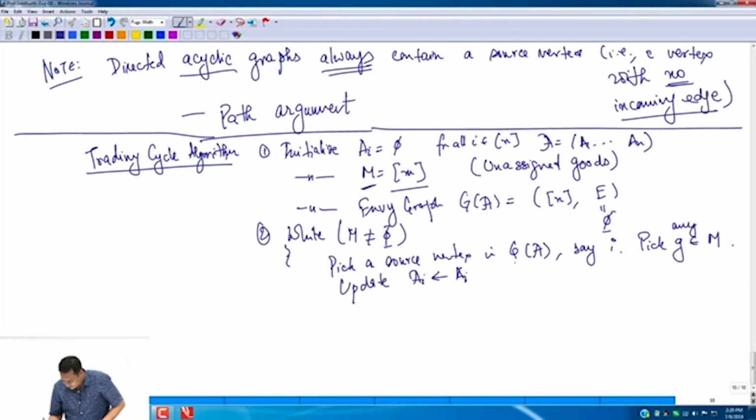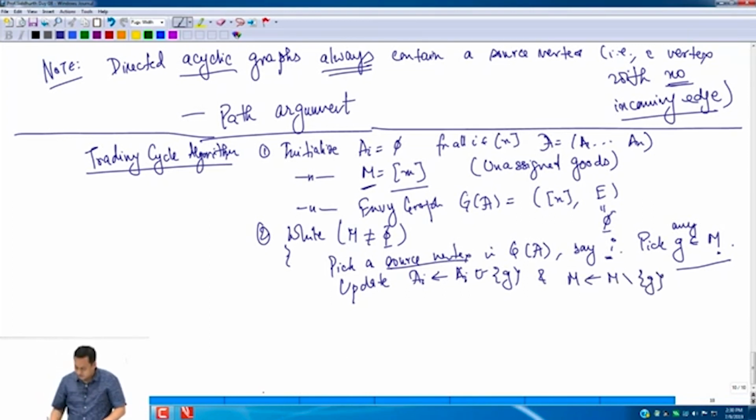So Ai is the source vertex I have selected, and g is literally the arbitrary good which is currently unassigned. It's currently in this set M. I'll assign it, and now that g has been allocated, I'll remove it from consideration.